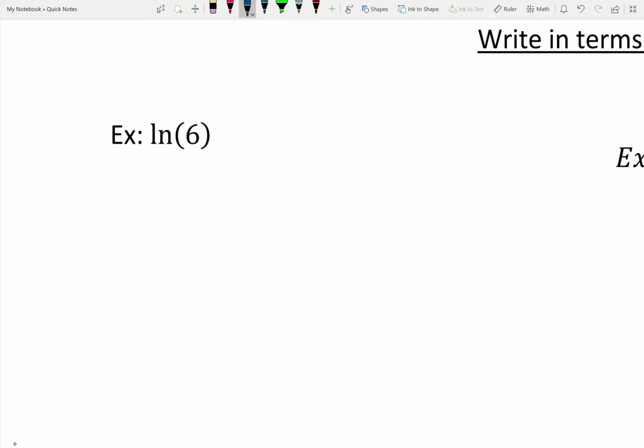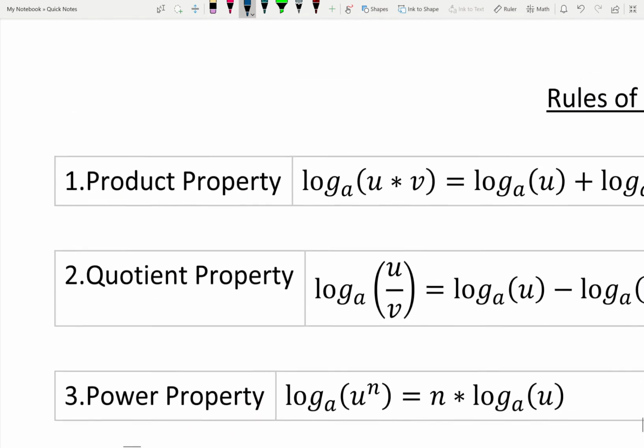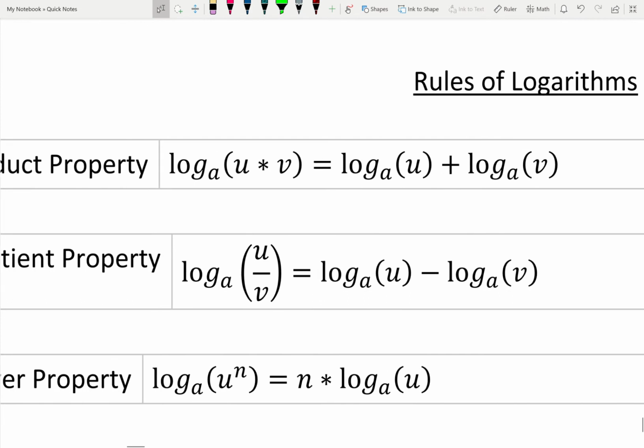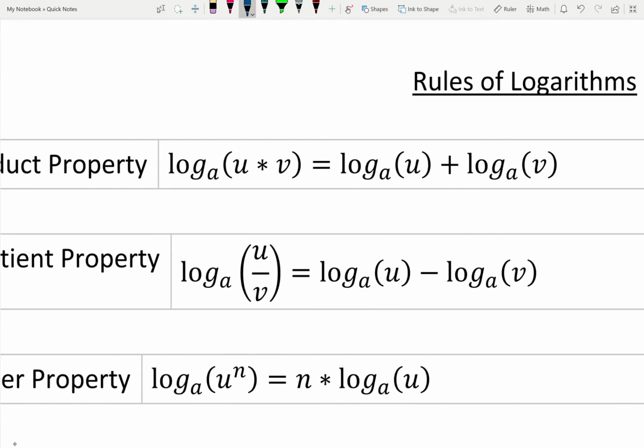Well, one thing I do know is that 6 can be broken up into 3 times 2, right? 3 times 2 is equal to 6. So I went from having 6 to some sort of product. That means I can use my product property, and I can break up these guys via addition.